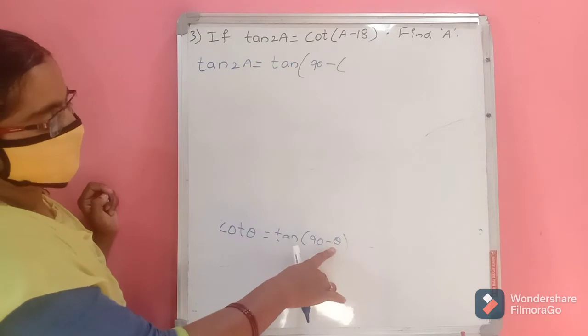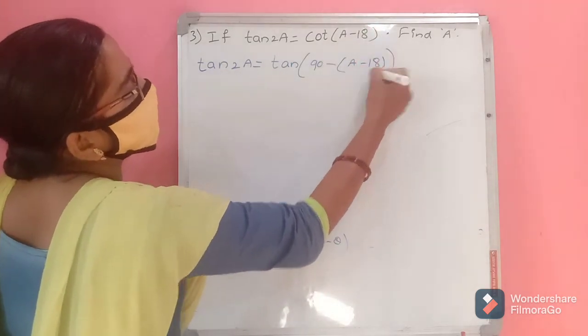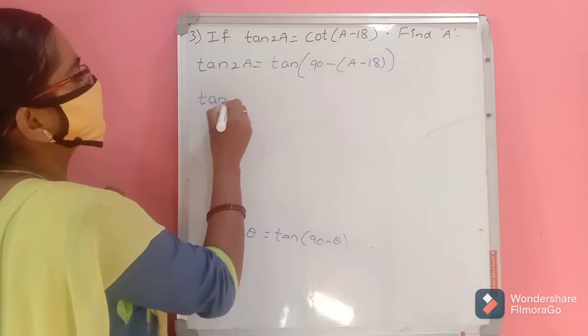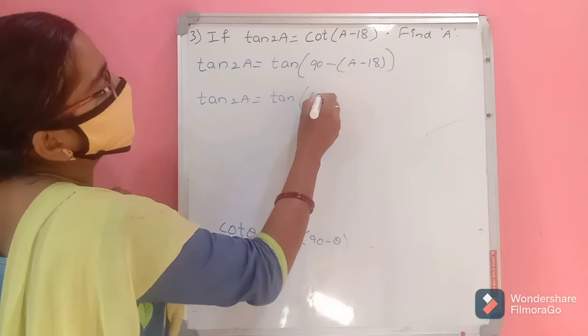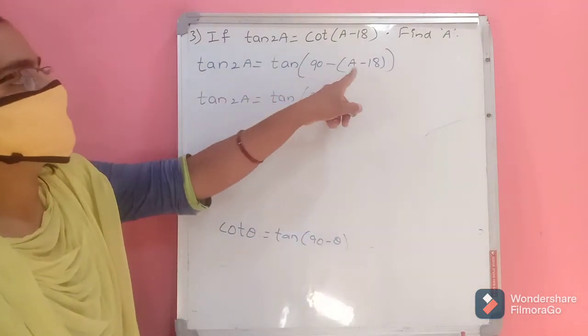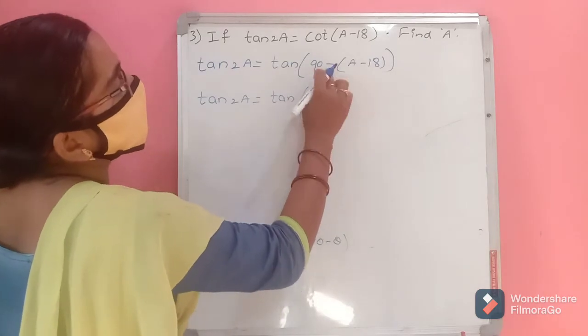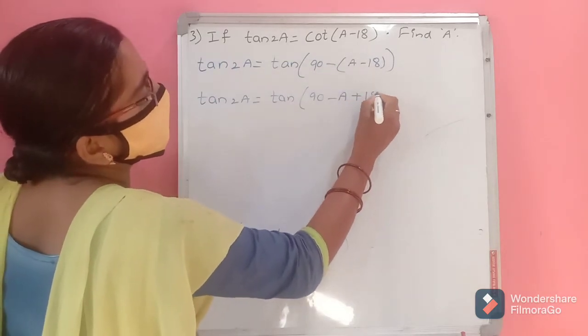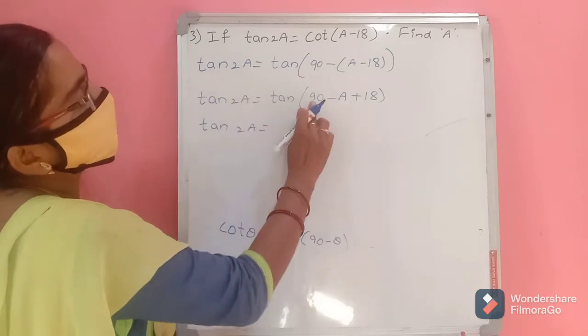Theta is here a minus 18. So tan 2a is equal to tan 90 minus a minus 18. Just multiply this minus inside. Minus into plus, minus a, minus into minus, plus 18. Tan 2a is equal to tan 90 plus 18.